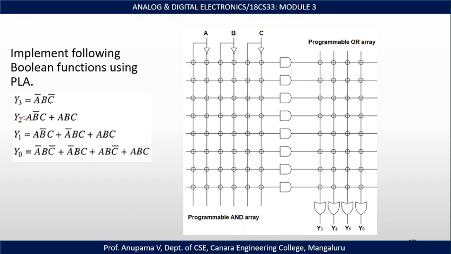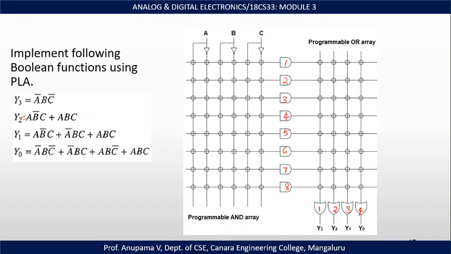So we have drawn a set of AND gates and four OR gates. Let us number the OR gates as 1, 2, 3 and 4, and number the AND gates as 1, 2, 3, 4, 5, 6, 7 and 8.